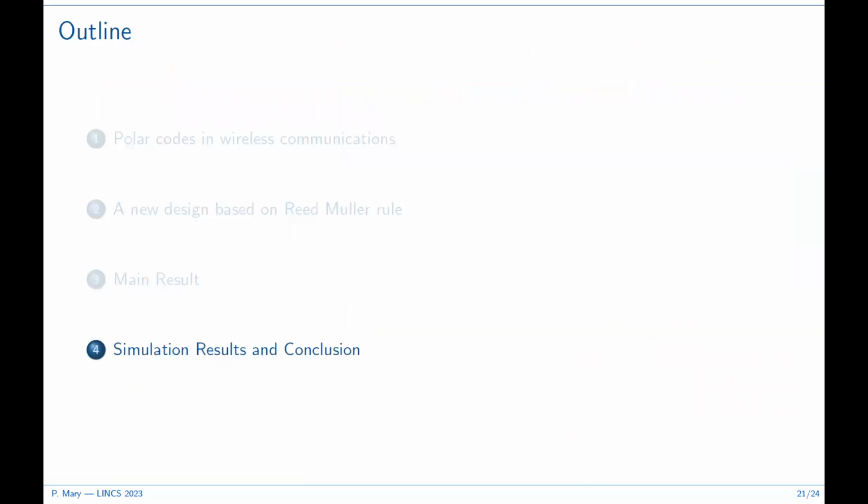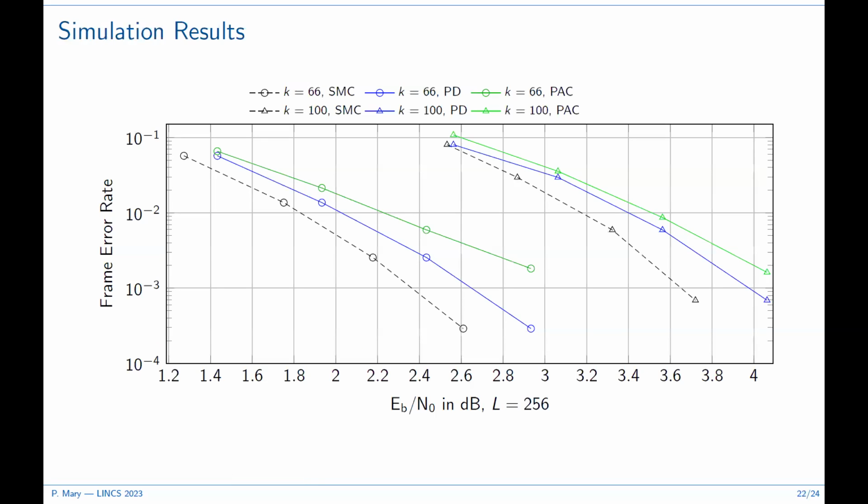So I have one simulation result to show, though we have no time to explain it. So in this figure, we compare the proposed scheme. It is for a block length equal to 128. PD is the proposed design. In green curve, this is a pack code of Arikan. And in dash line, this is the saddle point approximation of the meta converse that Samir presented this morning.